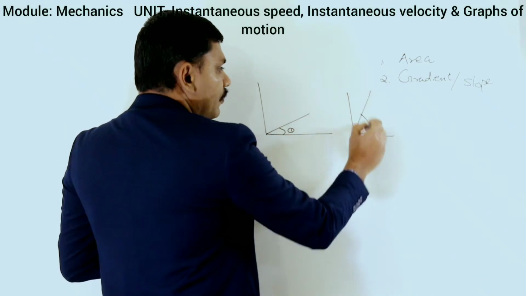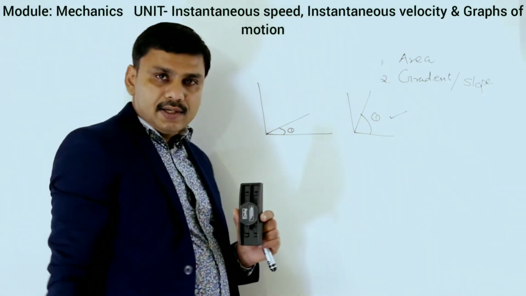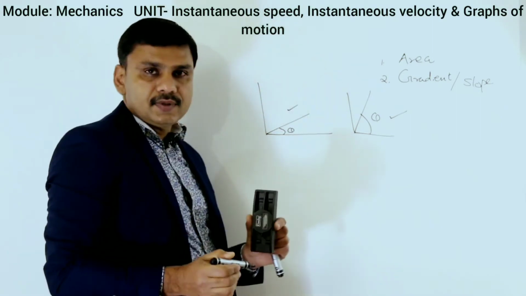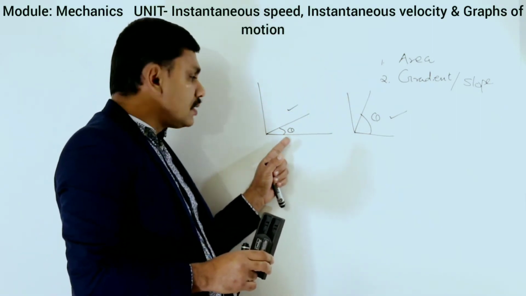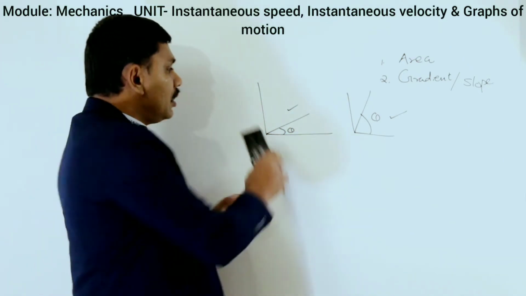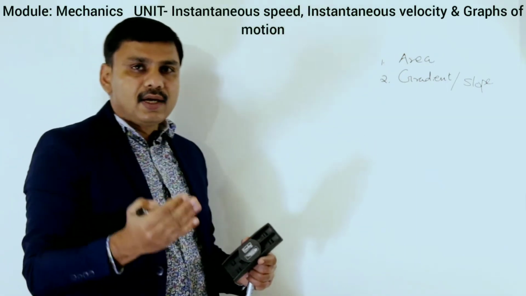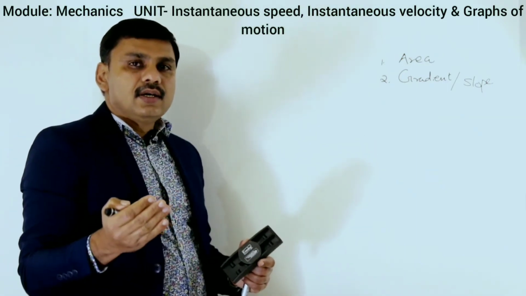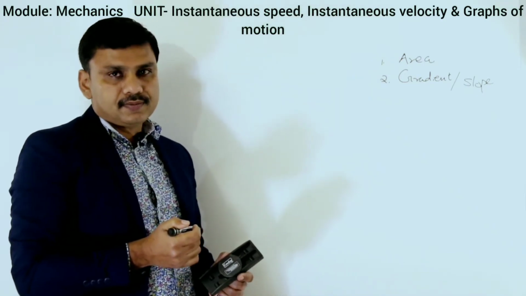For this graph, theta will be more. So this graph has more gradient than this graph. So if a graph is a straight line making an angle theta with the x-axis, then by making a triangle on the graph, you can calculate the gradient of the graph.